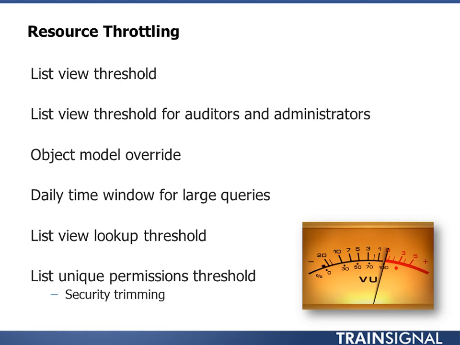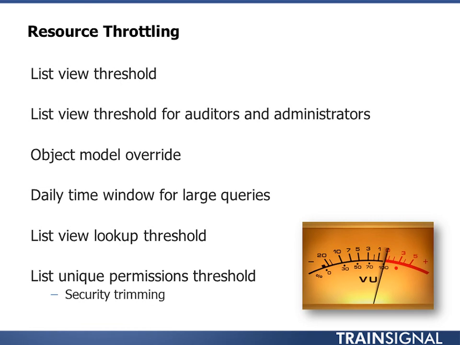Our list view threshold will allow me to limit the number of rows that are going to be returned by a query against a list, by a filter, or if you go in and create a view based on that. Now the reason that that's in existence is so that way I'm not going to return back 100,000 items to my user, that I'm only going to return back a couple thousand items at the absolute most.